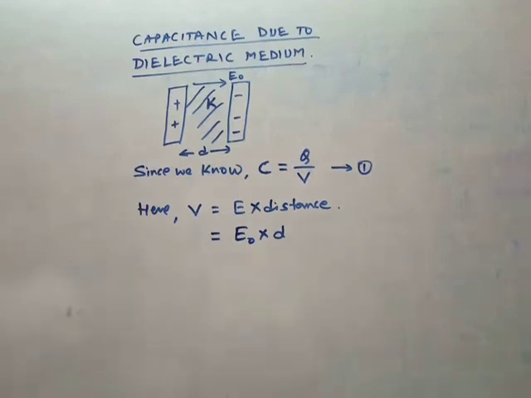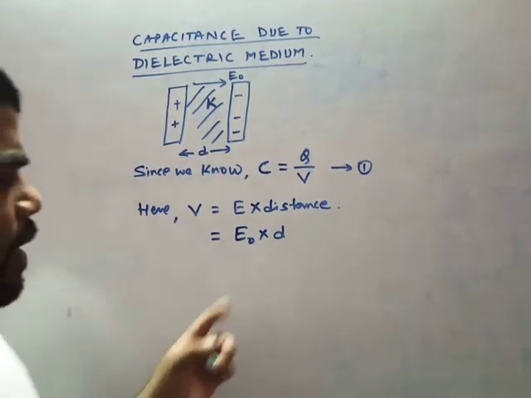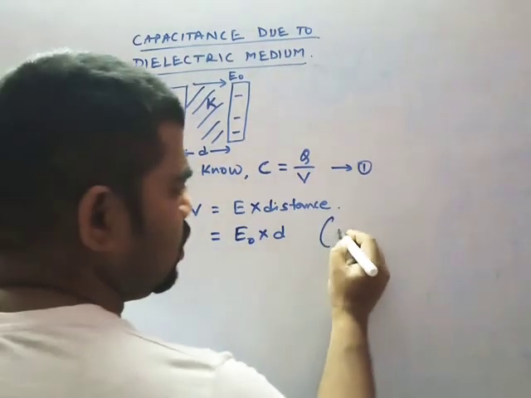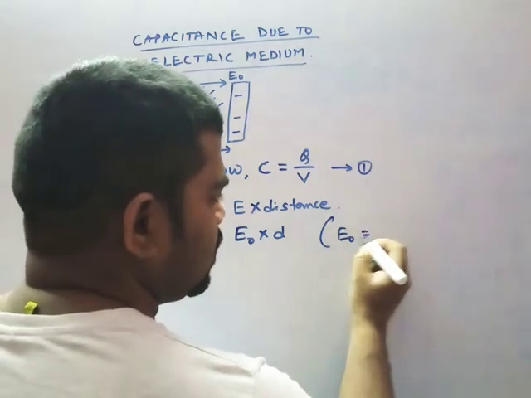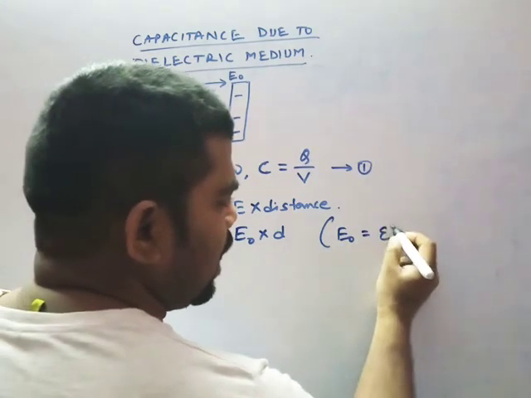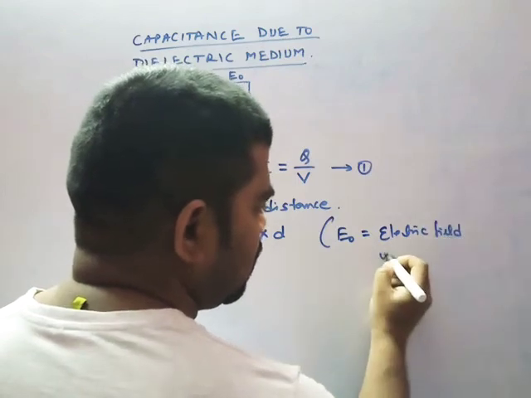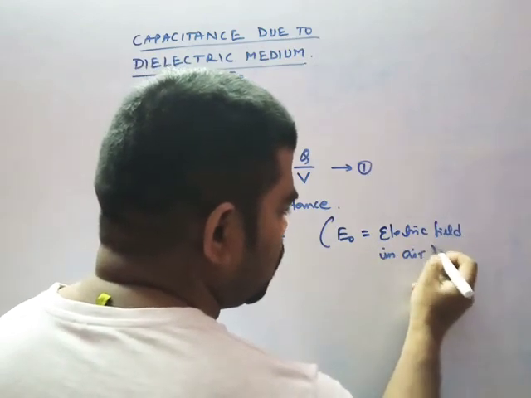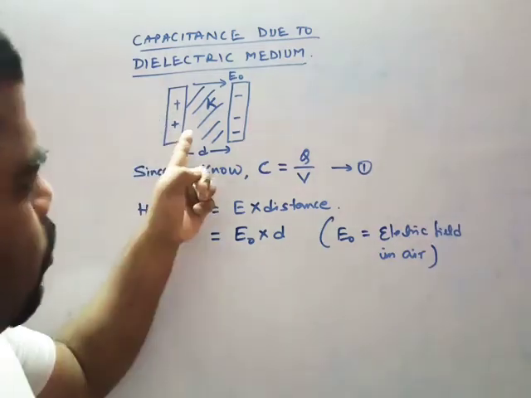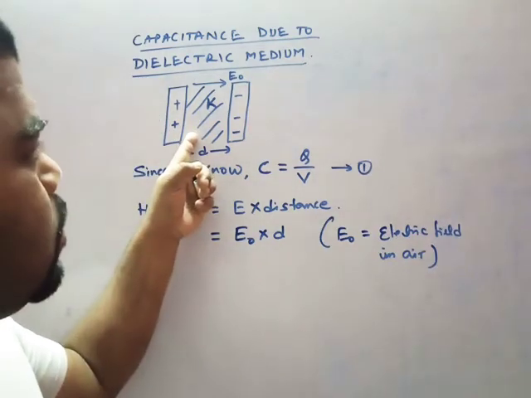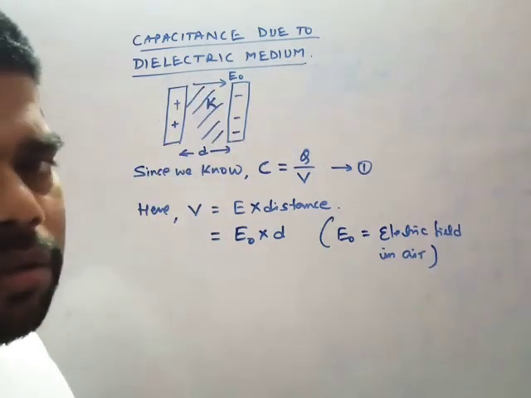Now when we write this E naught, it is simply clear that E naught stands for the electric field in air. But you know, in between there is a medium. So definitely I will not write E naught.